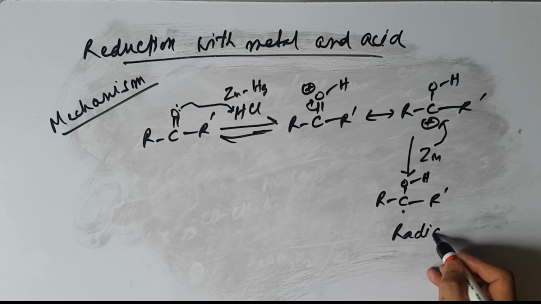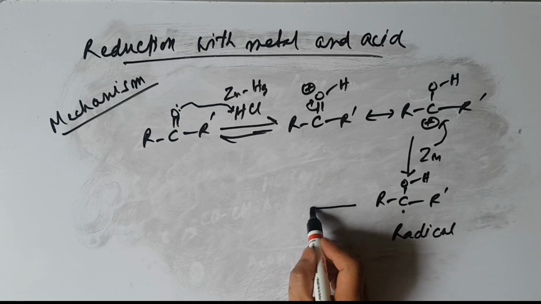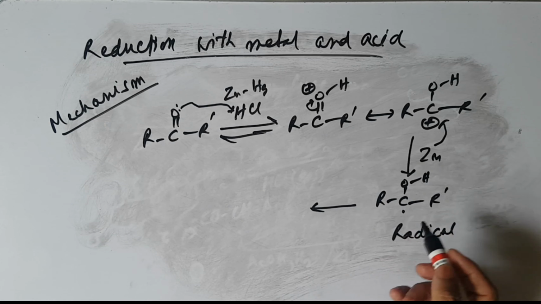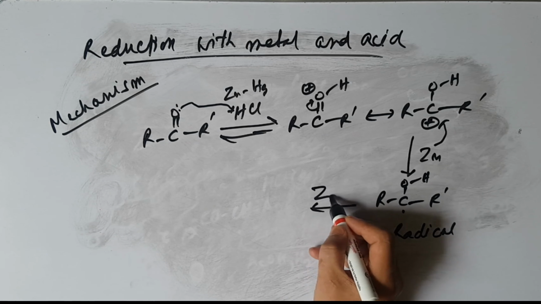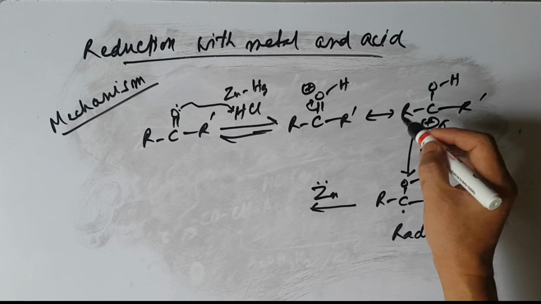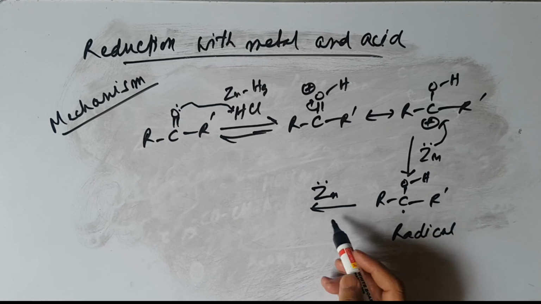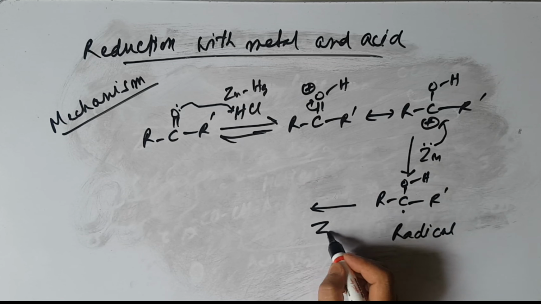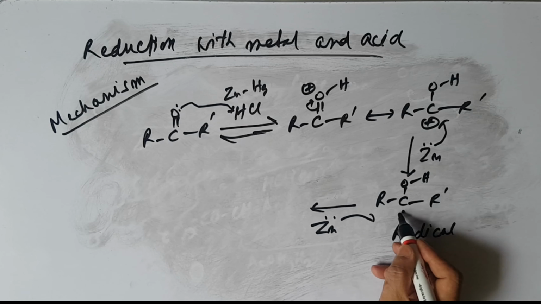This radical then takes another zinc metal, since zinc has 2 electrons. Another attack happens here, so it gives zinc. One goes, another goes like this.